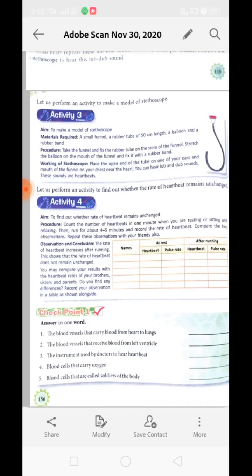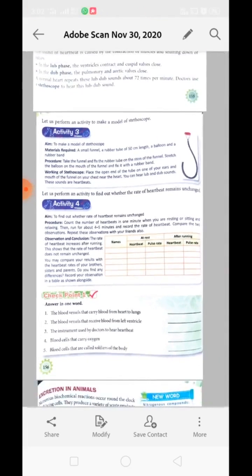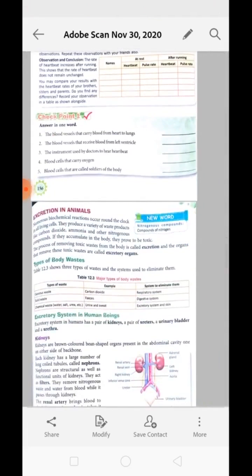In several other conditions you can also test your heartbeat to know whether it changes with your physical condition. Then you will find that yes, the heartbeat changes when you perform some kind of exercise, when you are excited, when you are in fear, and even when you are ill.